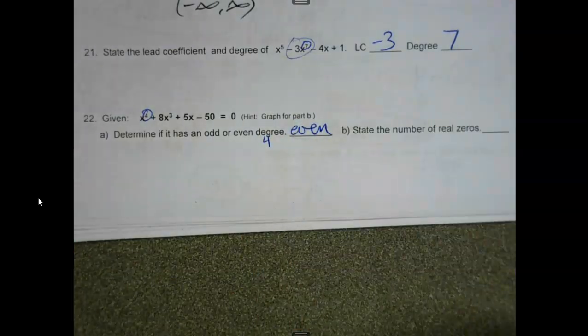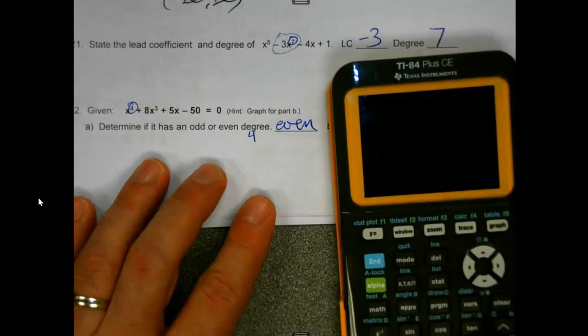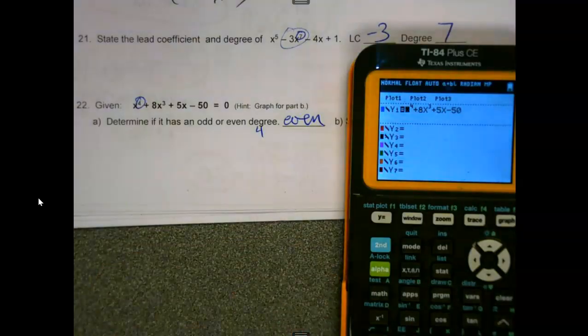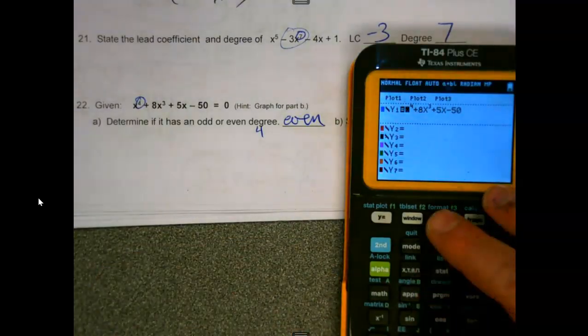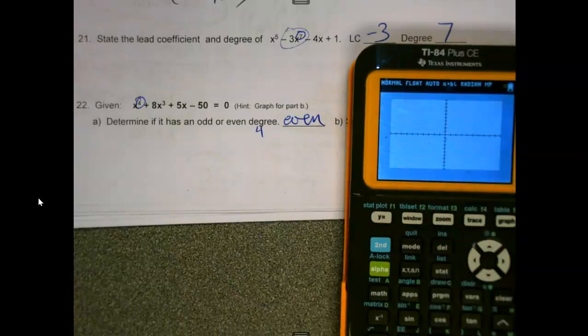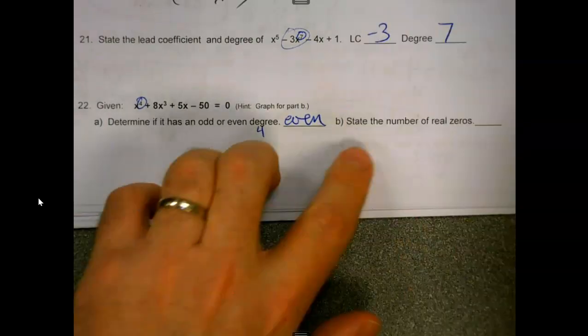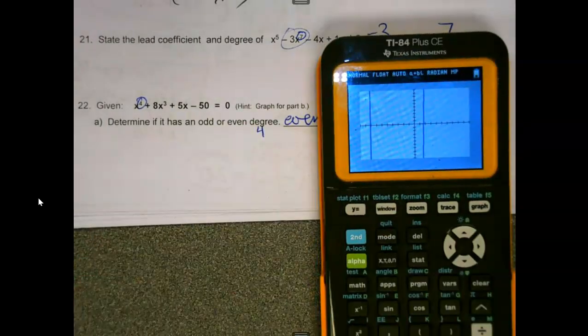Okay. State the number of real zeros. My gosh, we finally get to bust out the calculator. Okay. Type into your calculator what you have. And just to say again, it depends on the graph on what we're going to do here. Now again, real zeros, number of x-intercepts I see.